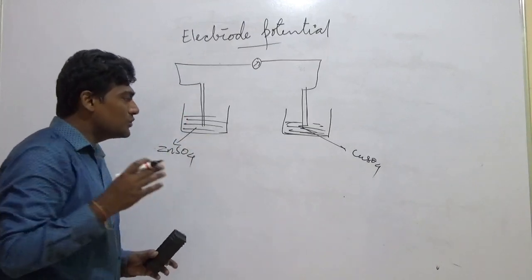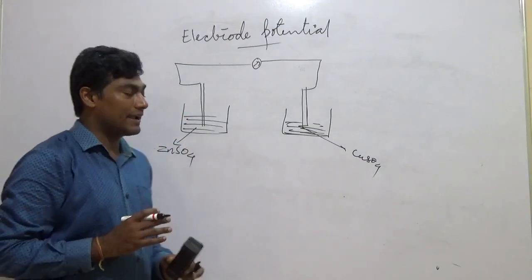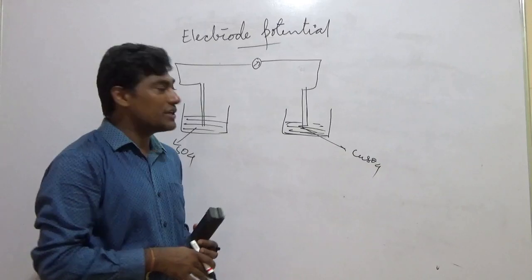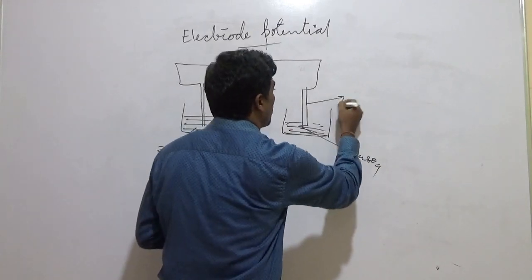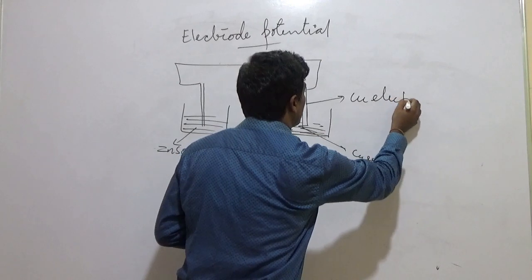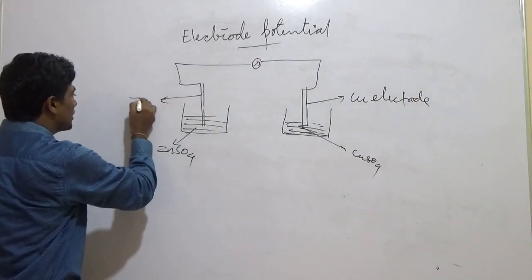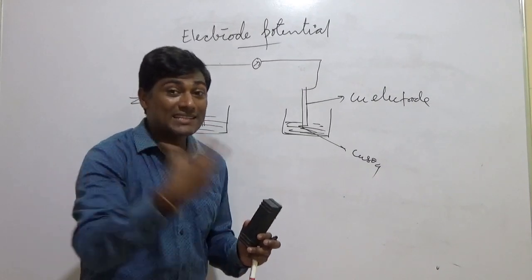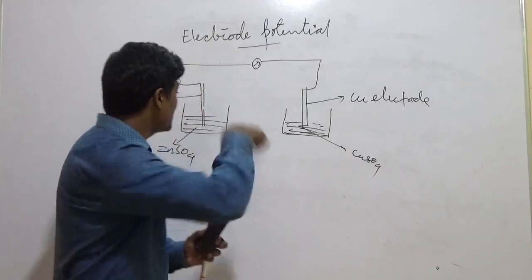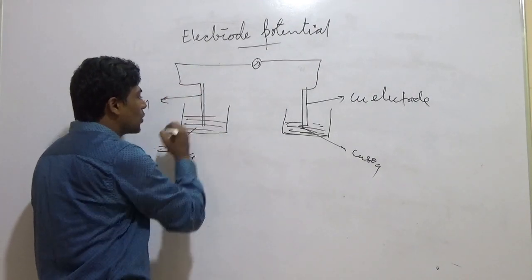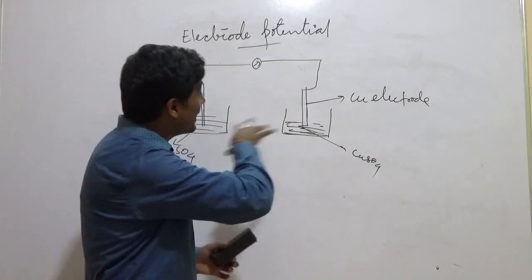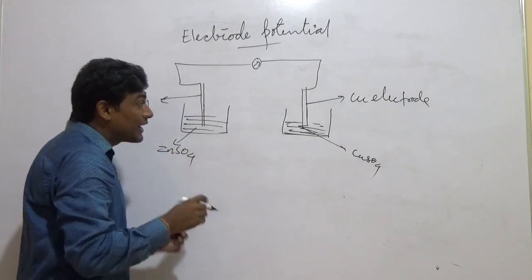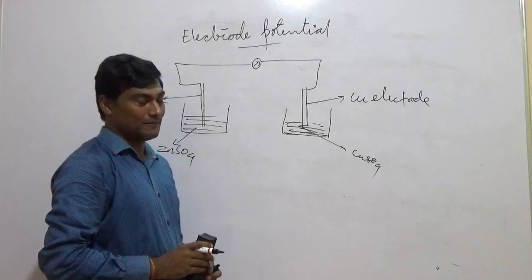So you see, in zinc sulfate and copper sulfate, what happens? When this zinc electrode is connected to the copper electrode, the extent of electron production from the zinc electrode is not the same as when that zinc electrode is connected to another half cell.